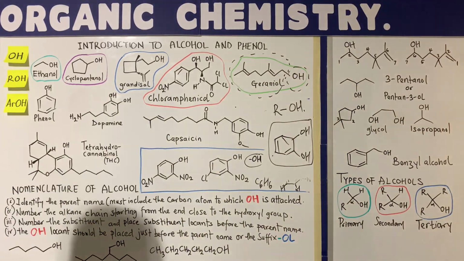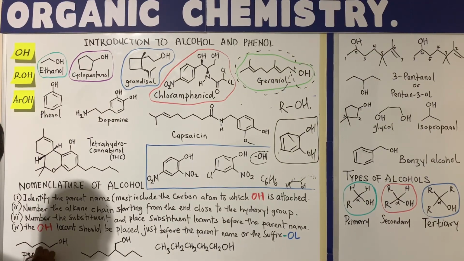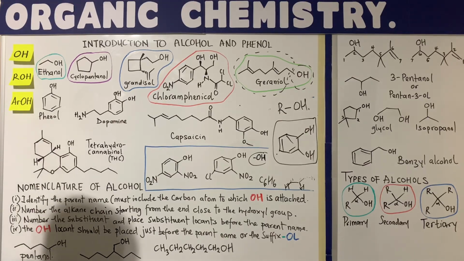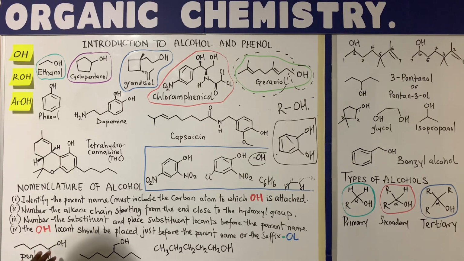Okay, so this is pentanol. It is 1, 2, 3, 4, 5 carbon atoms. It is easy to identify.